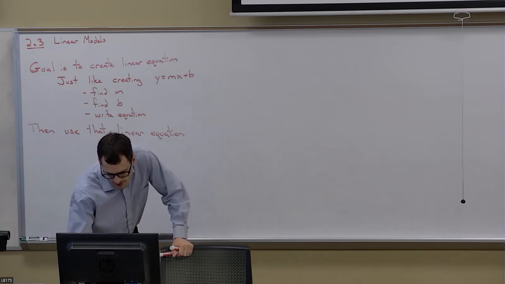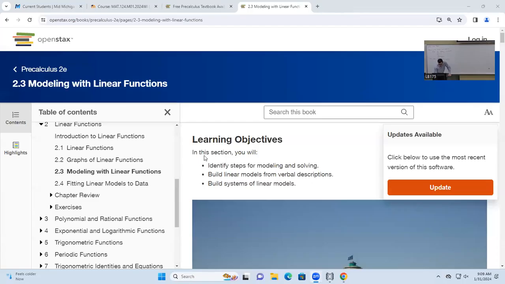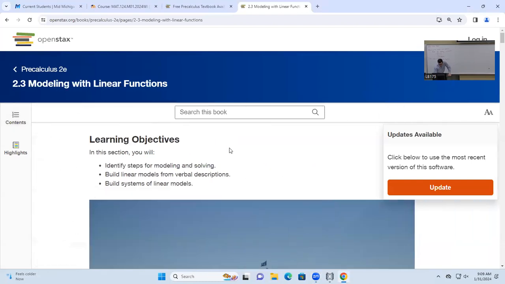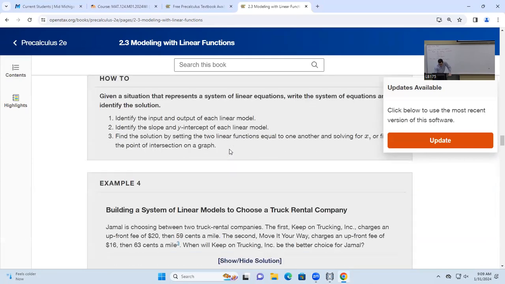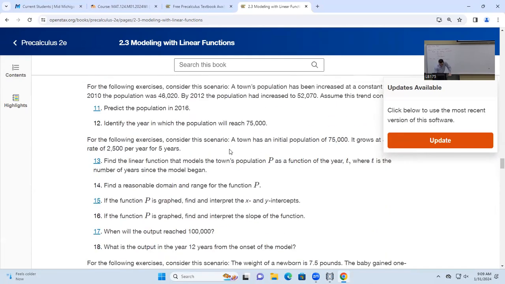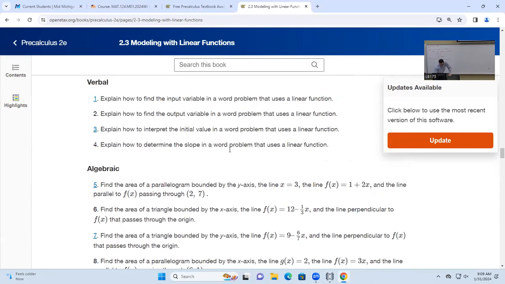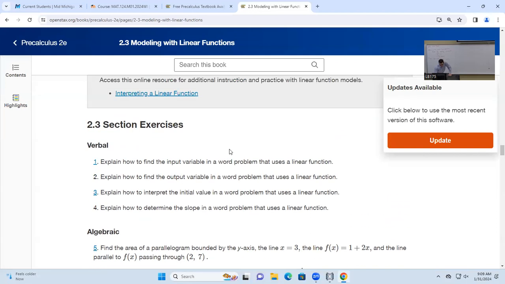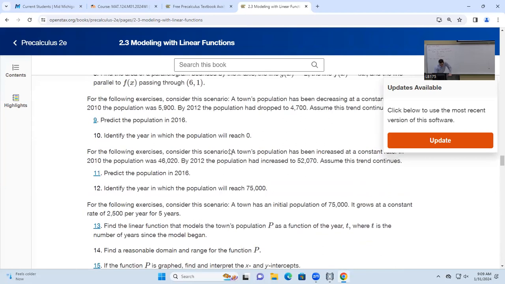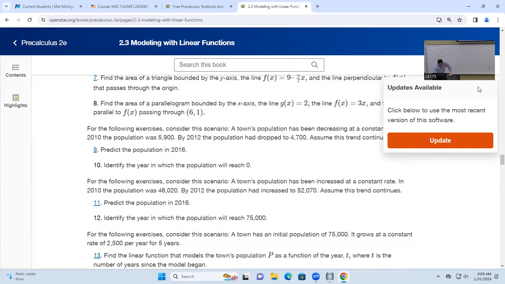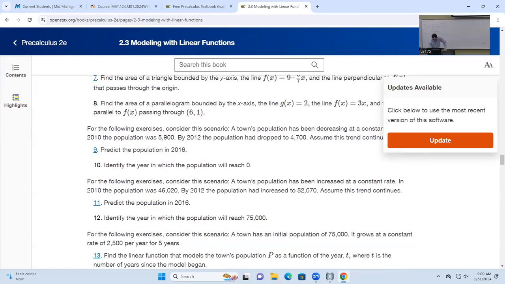So just because this chapter gives us a lot of linear growth, don't assume that every single thing is going to give us linear growth.